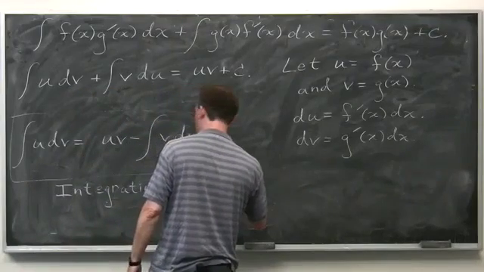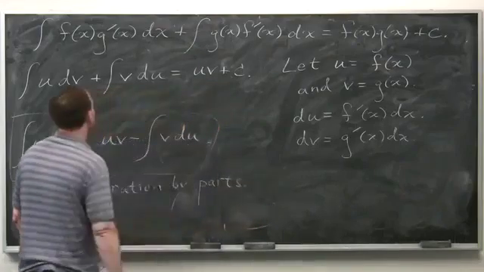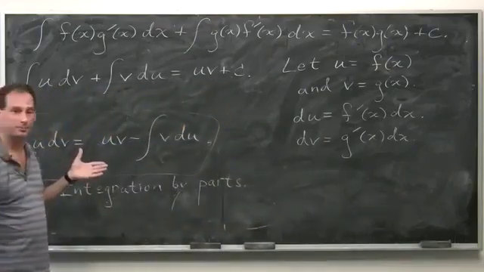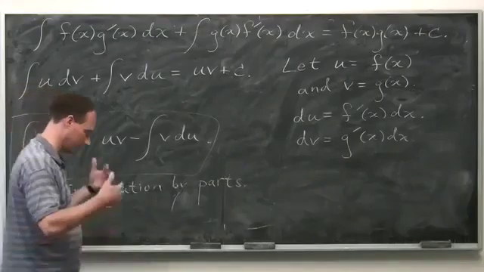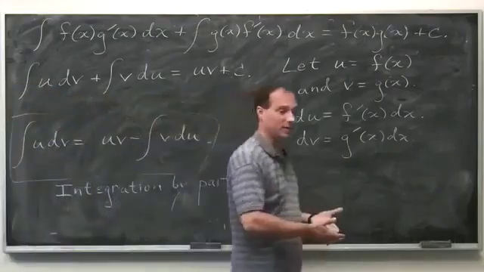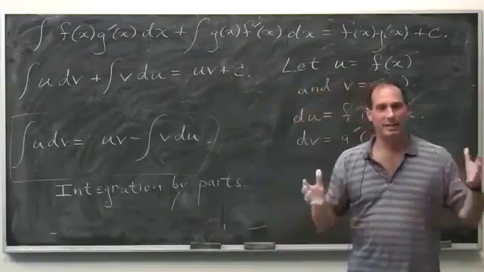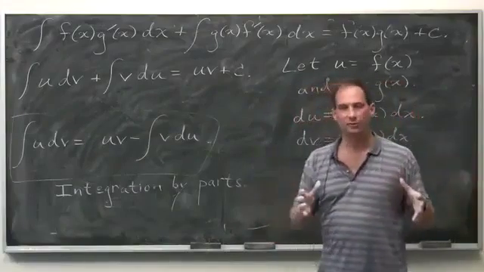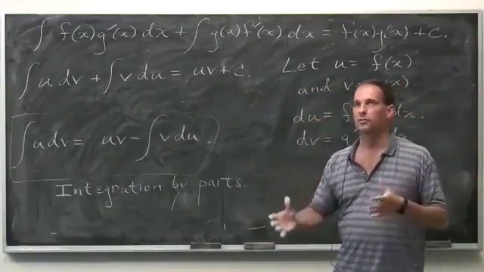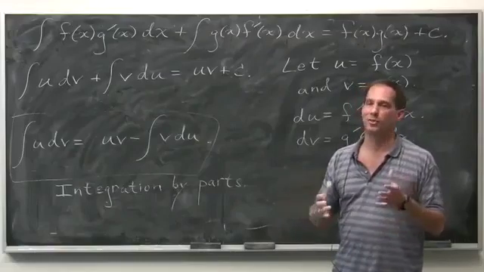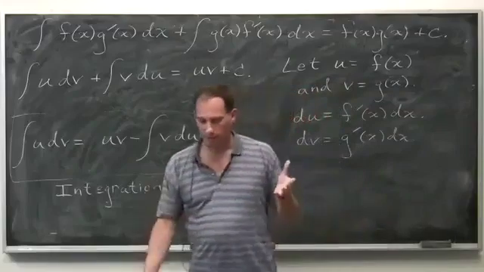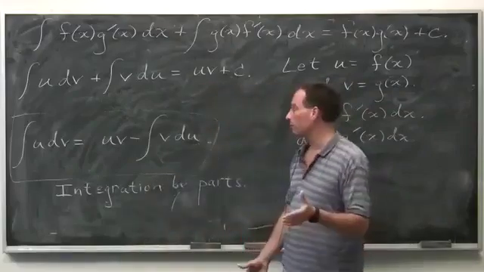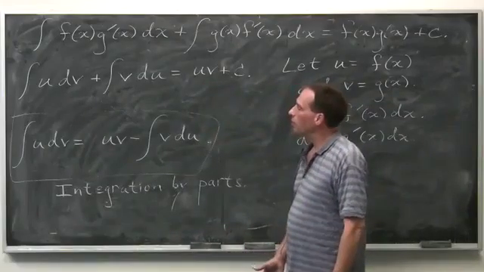How on earth do you use this? You see an antiderivative, and you see that the integrand, the thing you're trying to anti-differentiate, looks like it results from the product rule. With enough experience, you can kind of tell when things are likely to have resulted from the product rule, but sometimes it's hard to tell.